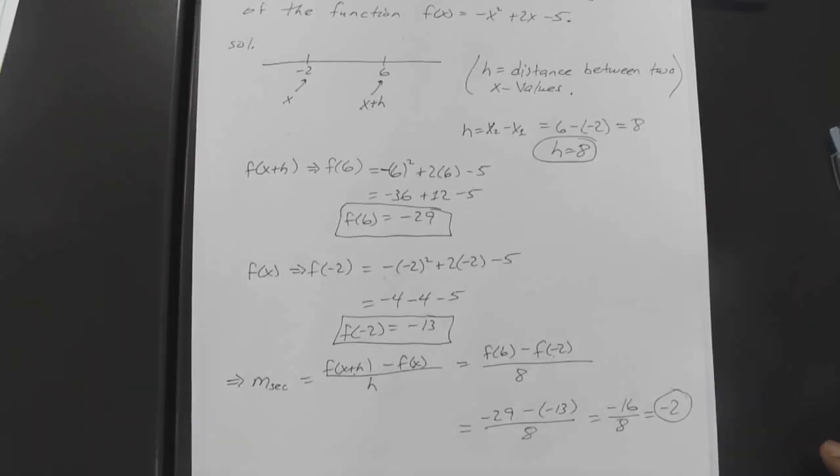All right. That's the slope of the secant line from x equals -2 to x equals 6.